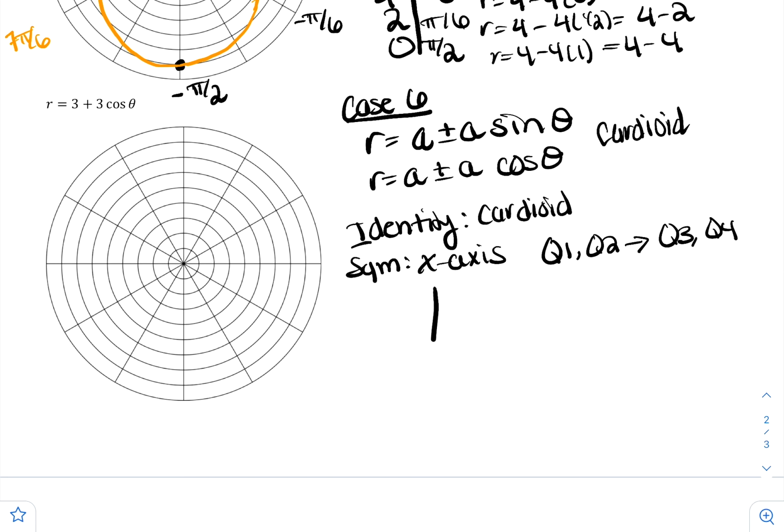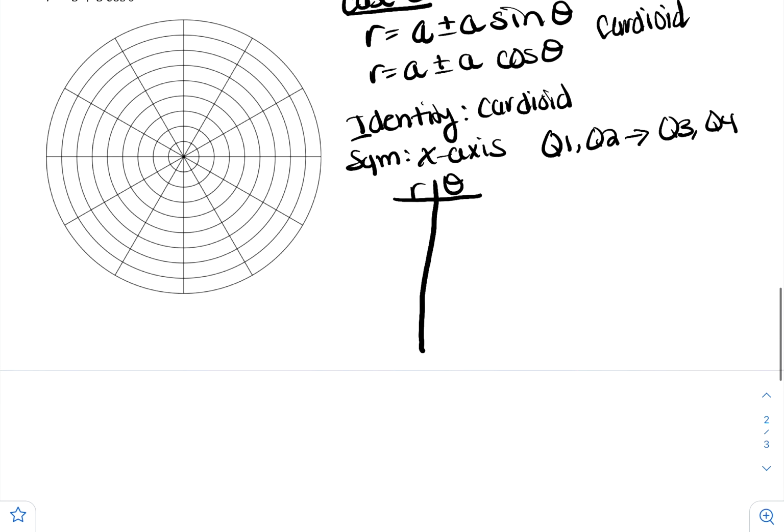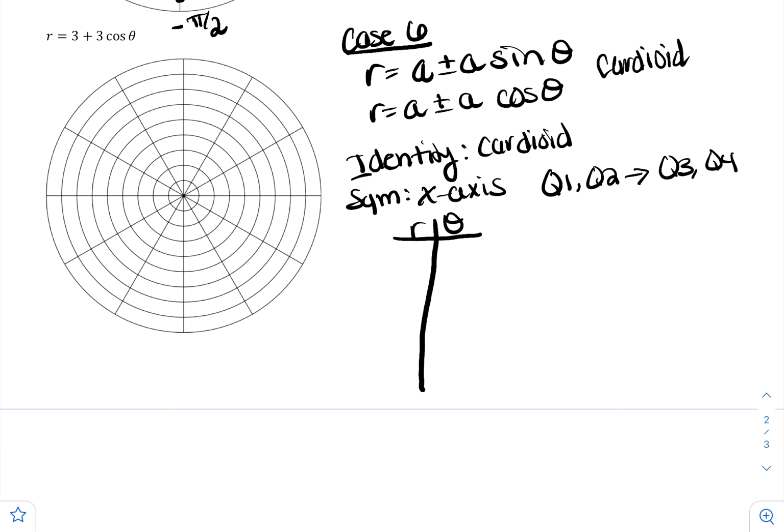So just like I had 5 points that were easy to graph for sine, I have 5 points that are easy to graph for cosine. You don't have to use them. You can plot whatever points you want in quadrants 1 and 2. I just think this makes it easier. So I'm going to graph 0, pi over 3, pi over 2, 2 pi over 3, and pi.